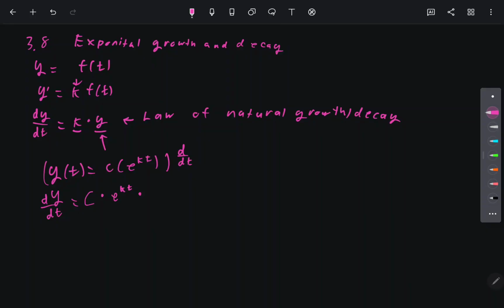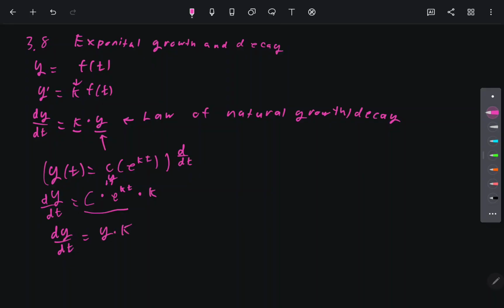Well, the derivative of k times t, that's just a line, so that's just going to be k. Now, interestingly enough, we have a name for this already. This right here is just equal to y, so we get dy/dt is equal to y times k.